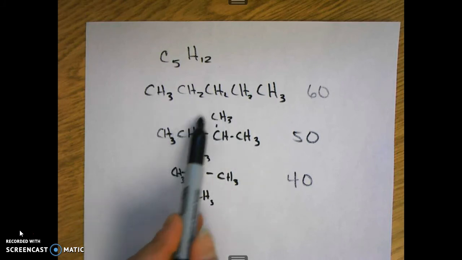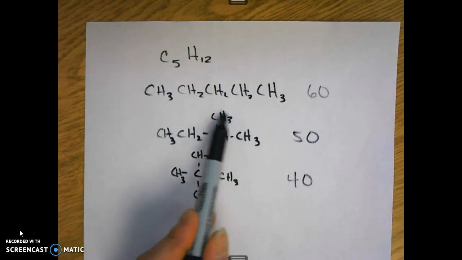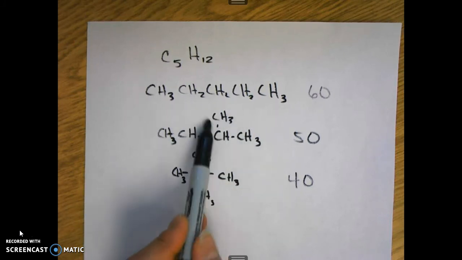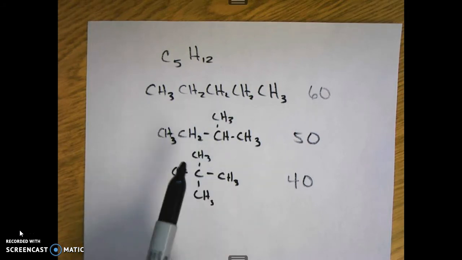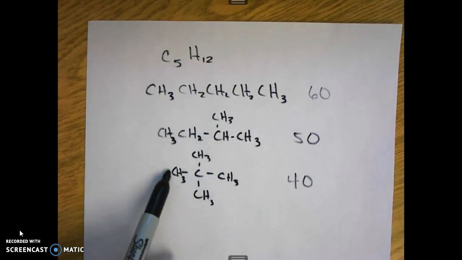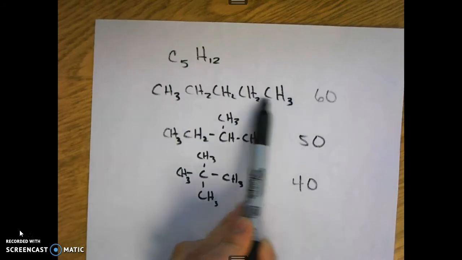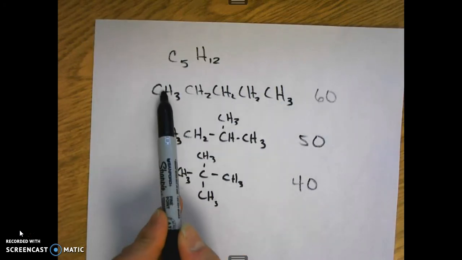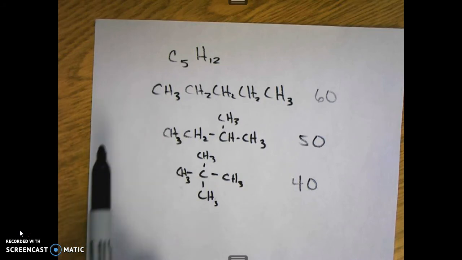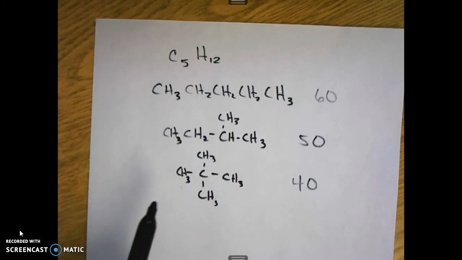You may not be able to get contacts around these carbons because this one is protruding up. Even more so with this. You can have contact points here or here, but you don't have a huge number of contact points between 2 individual molecules. So fewer contact points means fewer contacts to break apart, which means less energy is required.